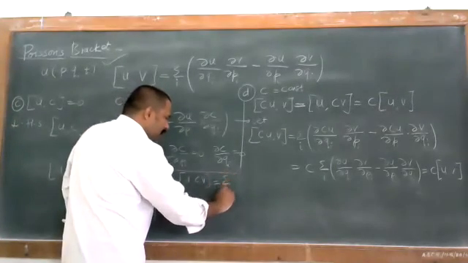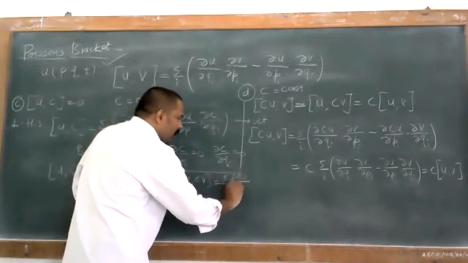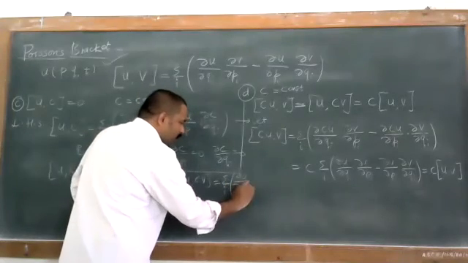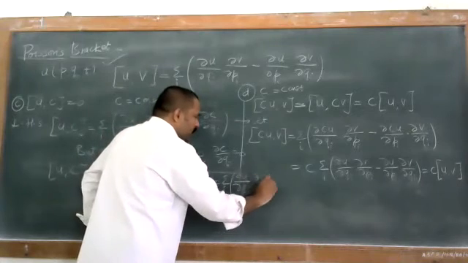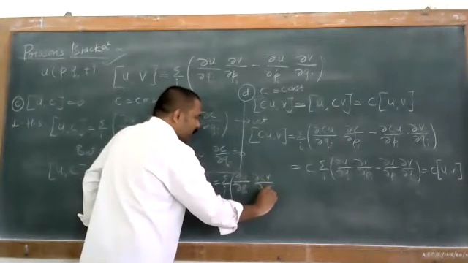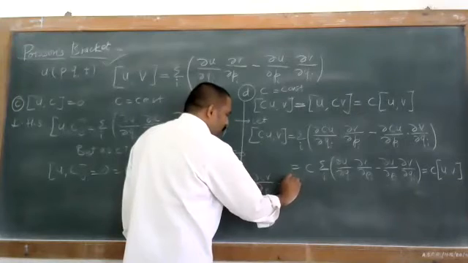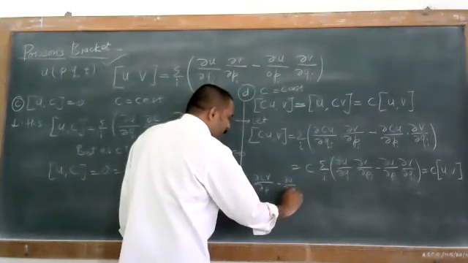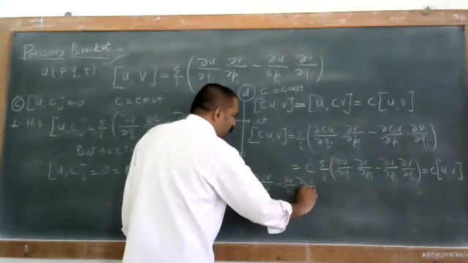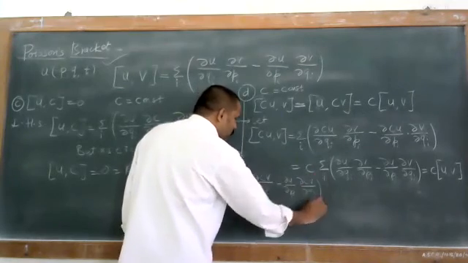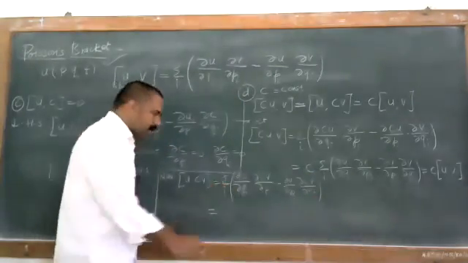This is written as the summation over i of ∂U/∂Qi into ∂(CV)/∂Pi, minus ∂U/∂Pi into ∂(CV)/∂Qi. Again C is constant, which is taken outside.